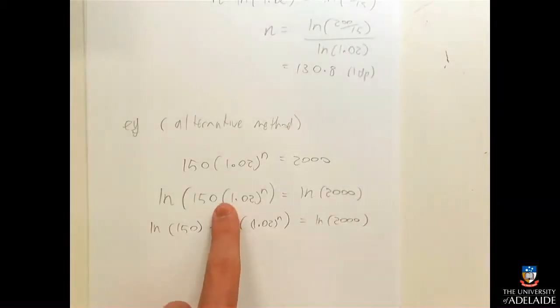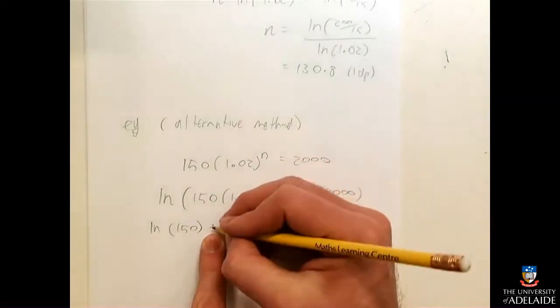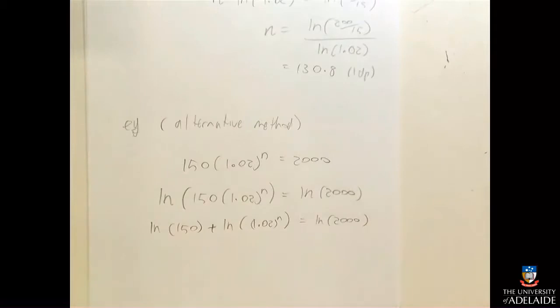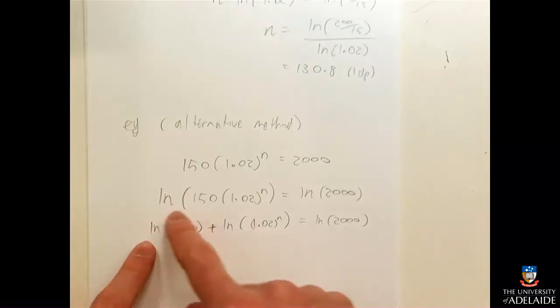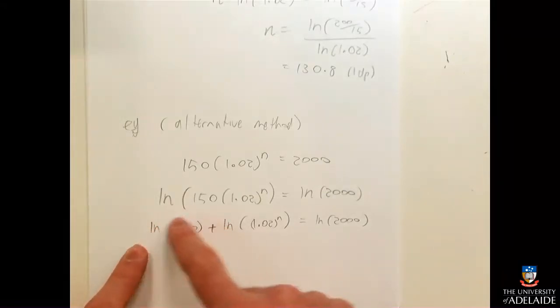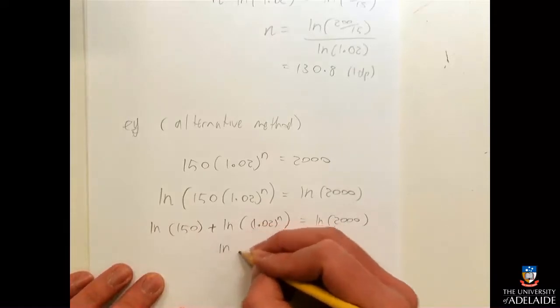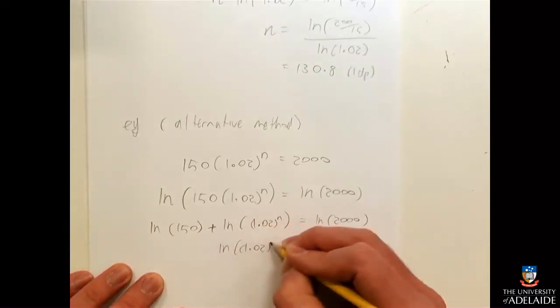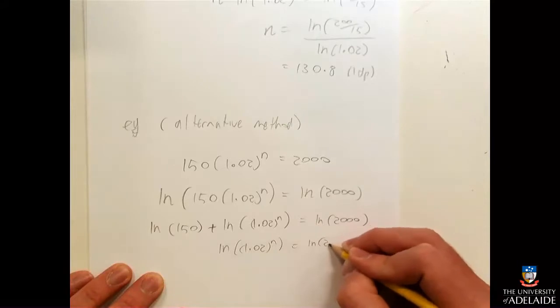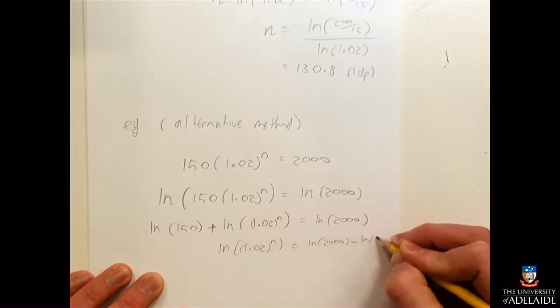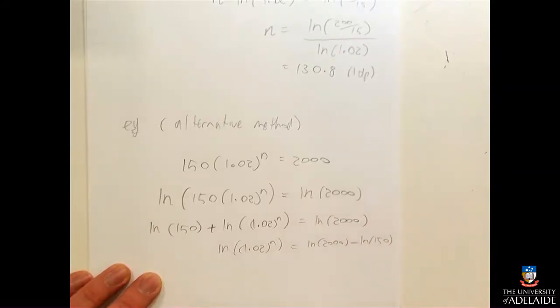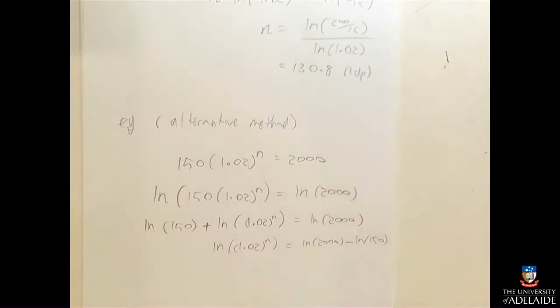Because multiplication on the inside of log is addition on the outside. All right, so I really don't want this here, so I should subtract it. And then I'll still have to use my log law to bring the n down.